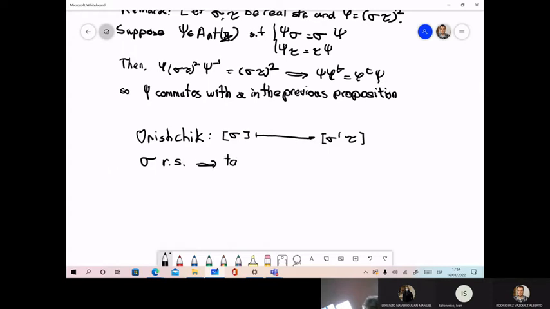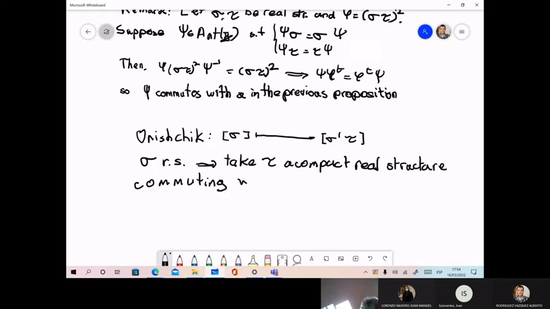We will take tau, a compact real structure, commuting with sigma, which we know that there exists at least one, and thus this is an involution.